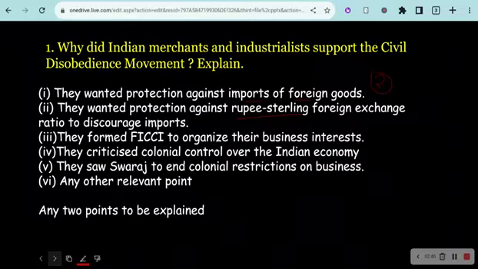They even formed FICCI to organize business interests. They criticized colonial control over the Indian economy, being against British policies. Then they saw Swaraj, like independence, as a way to end colonial restrictions. So any two points you can take and explain further.